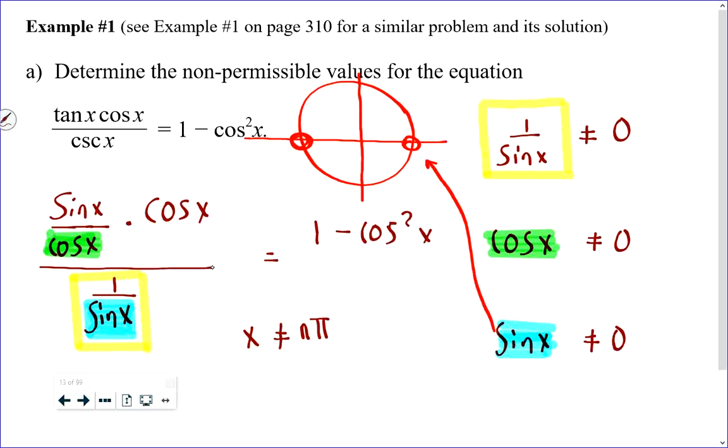0, pi, 2 pi, negative 2 pi, negative 3 pi. Where is cosine of x equal to 0? Well, cosine of x is equal to 0 here and here.